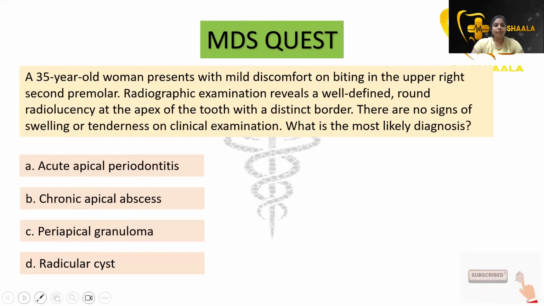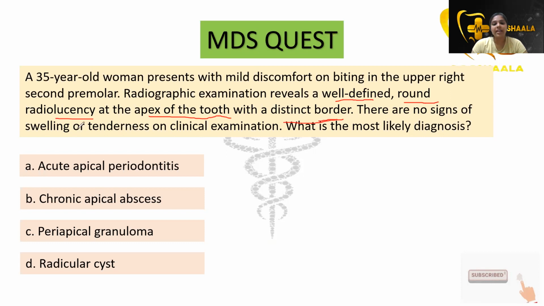A 35-year-old woman presents with mild discomfort on biting in the upper right second premolar. Radiographic examination reveals a well-defined round radiolucency at the apex of the tooth with a distinct border. So here itself you have the answer, right? Well-defined round radiolucency, apex of tooth, distinct border.